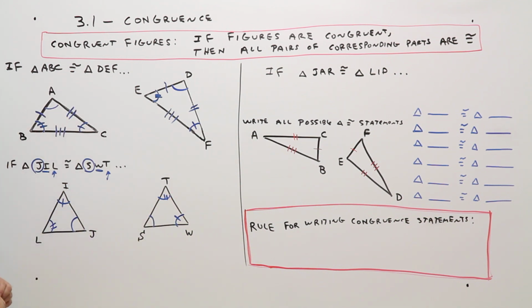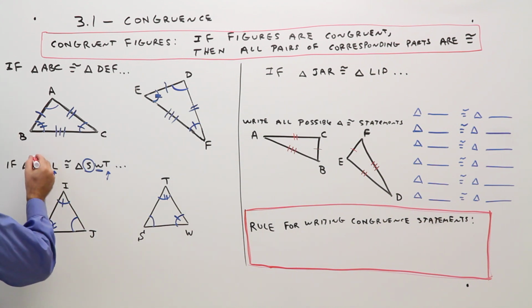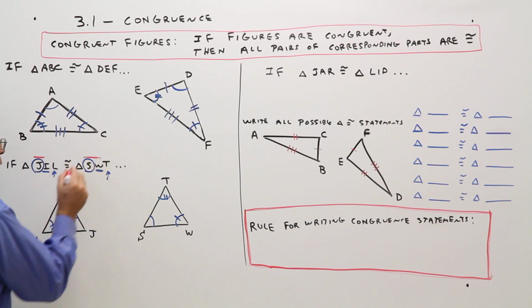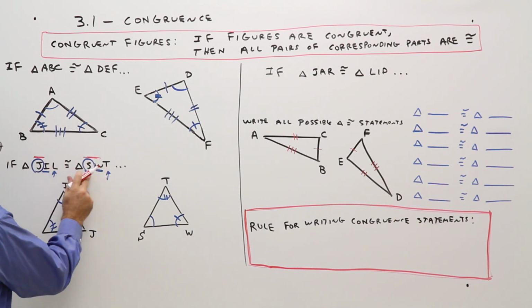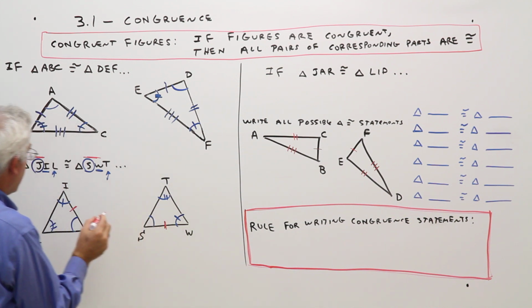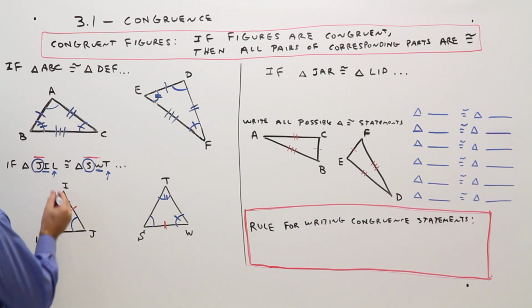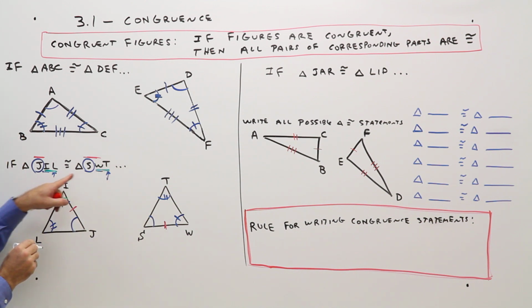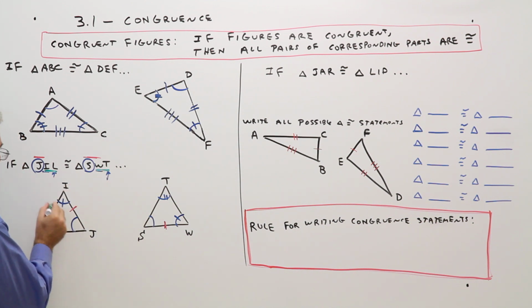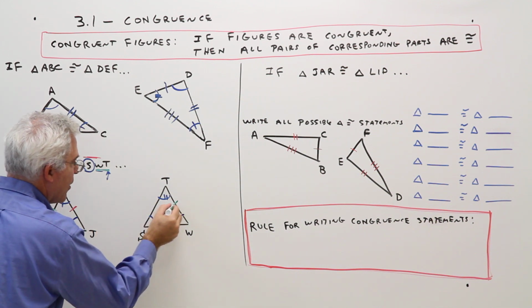Then as far as the segments are concerned, I could do this. First two letters with first two letters, so JI with SW. Last two letters with last two letters, IL with WT.